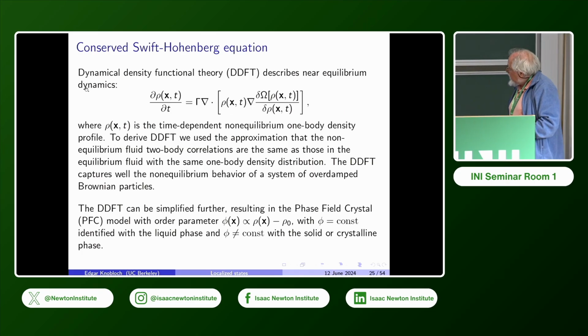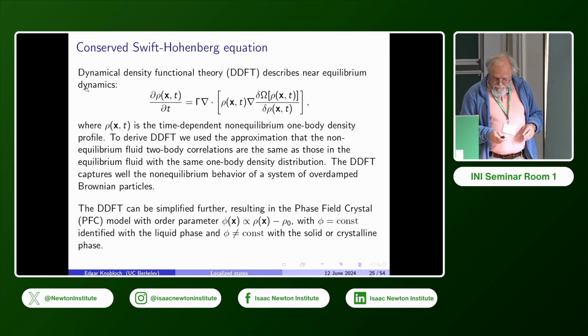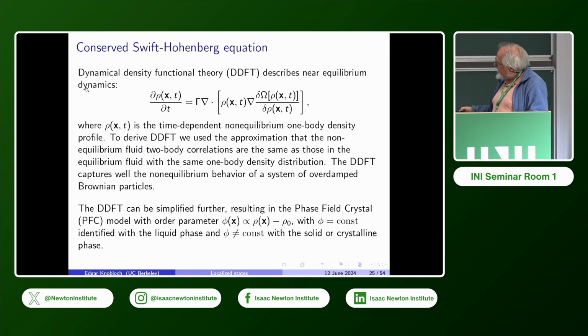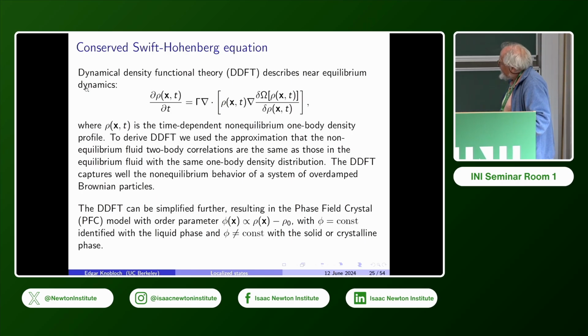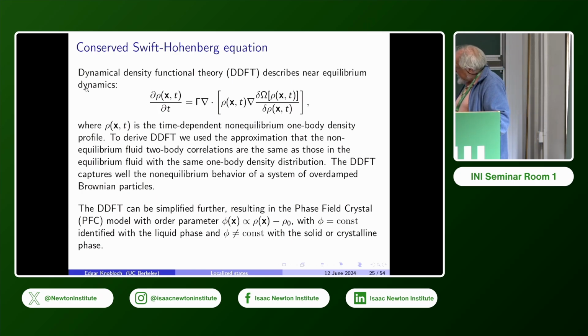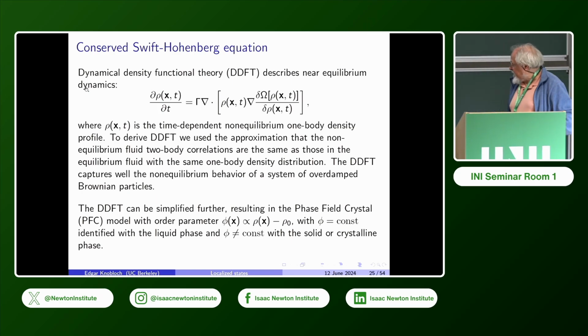Now you can look at near equilibrium behavior by including time dependence, and that leads to so-called dynamical density functional theory, described by this equation where gamma is the mobility. And this works very well for many extended systems, including modeling Brownian particle simulations and things of that type.